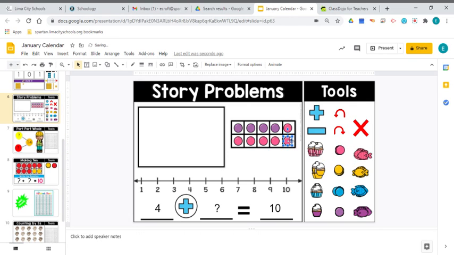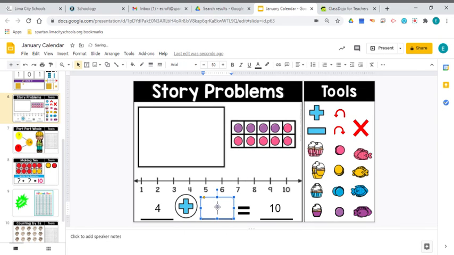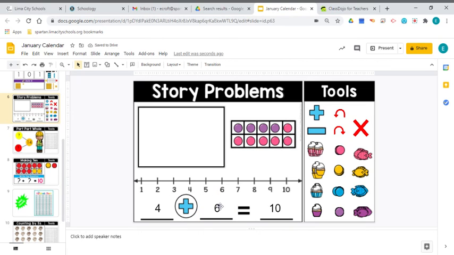All right, so how many pink chips did I add to make a full 10 frame? 1, 2, 3, 4, 5, 6. So I added 6. That's my missing number, 6. 4 purple chips and 6 pink chips make 10 chips altogether. 4 plus 6 equals 10.